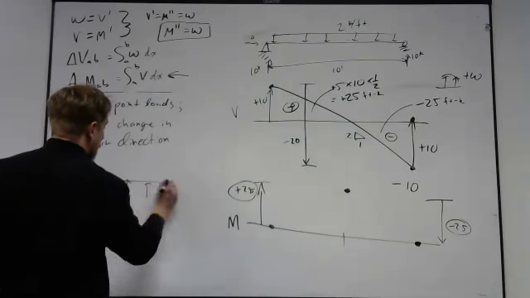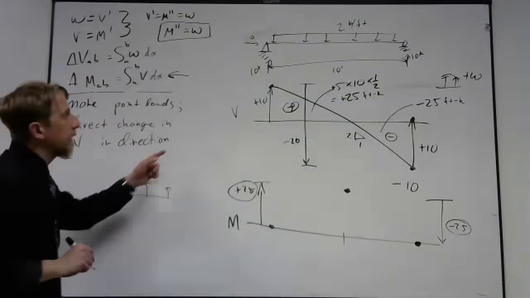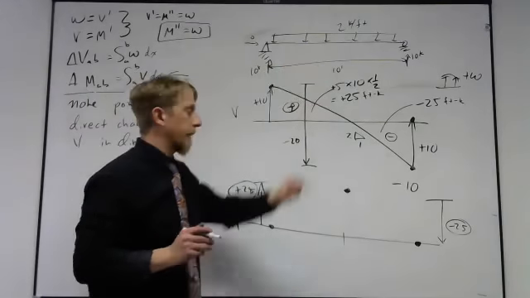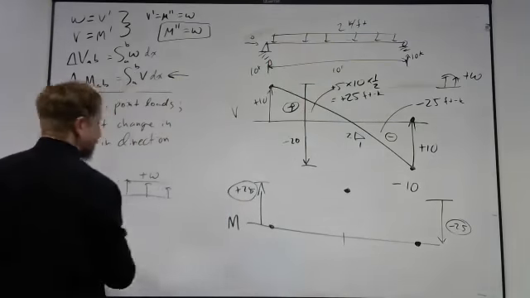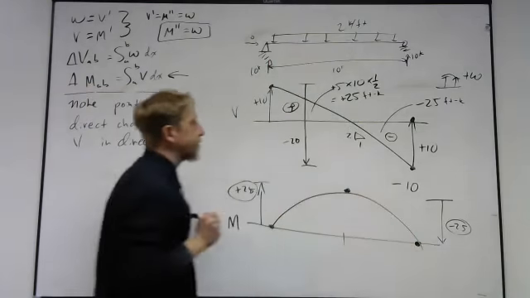That means this is positive W. I've got a negative W, so I've got a negative curvature on my M diagram. Negative curvature should go like that.